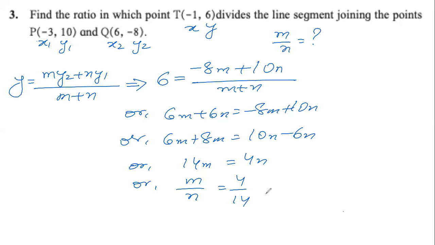Mathematically this is correct, but this is not the best answer because the ratio is not in the simplest form. Both 4 and 14 have a common divisor, which is 2. 4 divided by 2 is 2. 14 divided by 2 is 7. So m by n is 2 by 7, or 2:7. So the ratio in which point T divides the line segment PQ is 2:7.